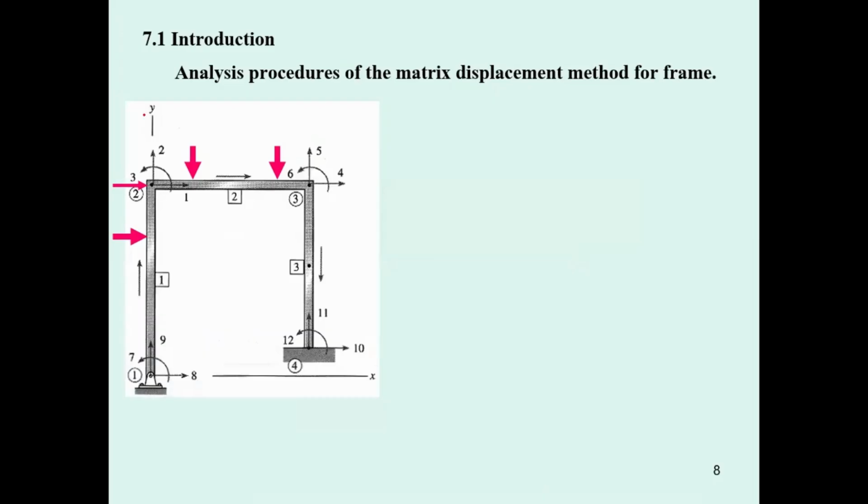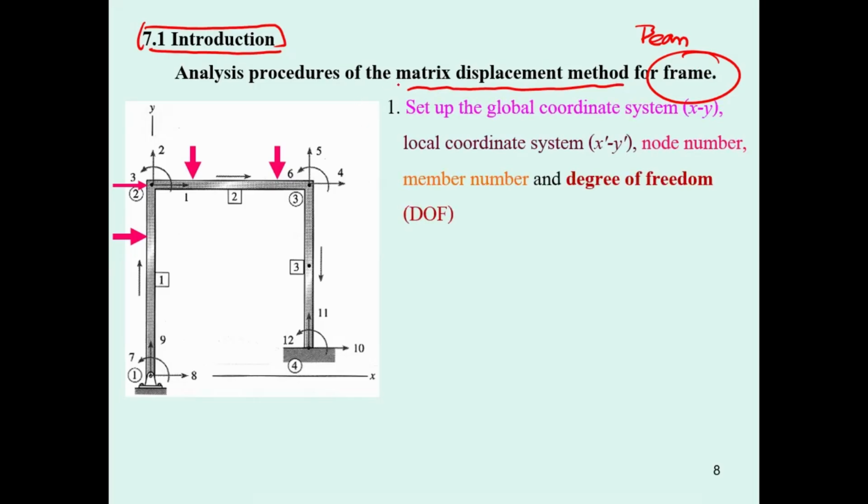Let me take you to the introduction of the analysis of beam and frame by using the matrix displacement method. We're going to study the beam and the frame. However, since the beam is a subset of the frame, we will start with the frame. The first thing is the global coordinate system.